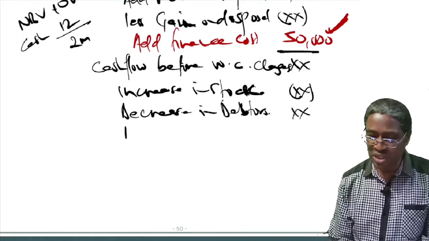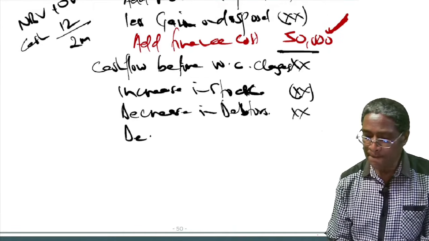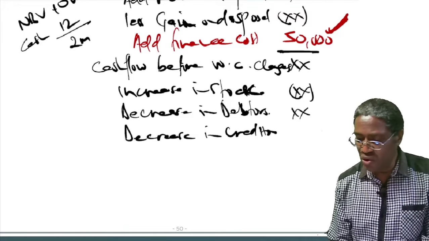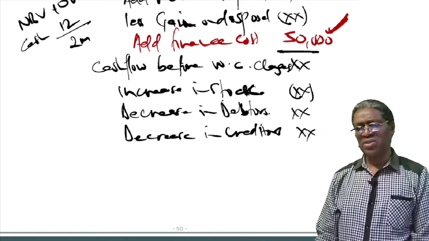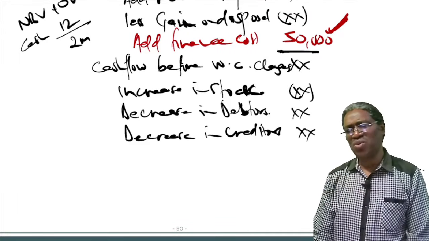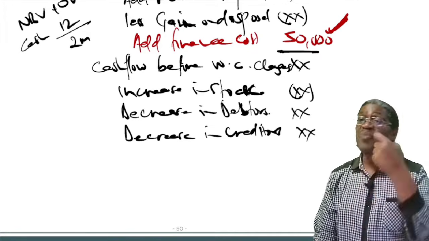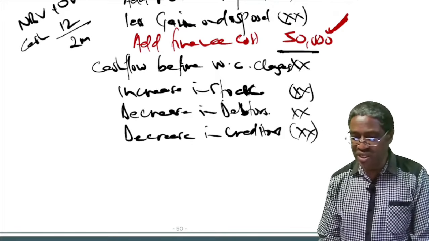Let me assume that there was a decrease in creditors, whether they are calling it creditors or trade payables, whatever it is. Then you ask yourself, for creditors to go down, what must have happened? We must have paid them. As a business, we must have paid them. That is obviously an outflow.